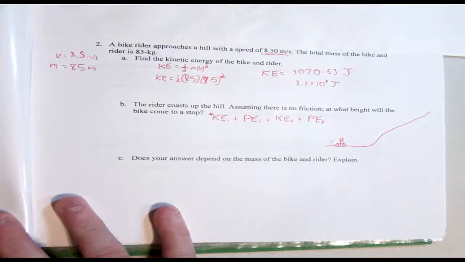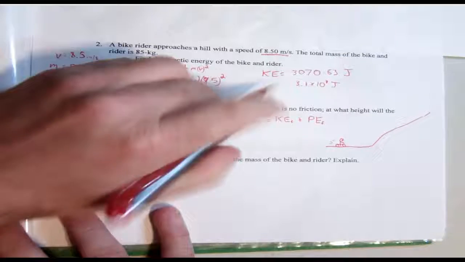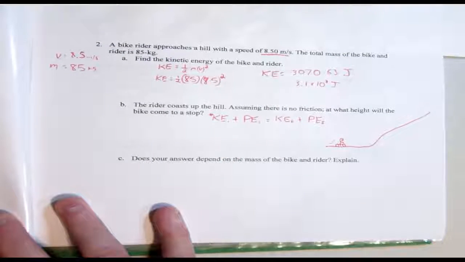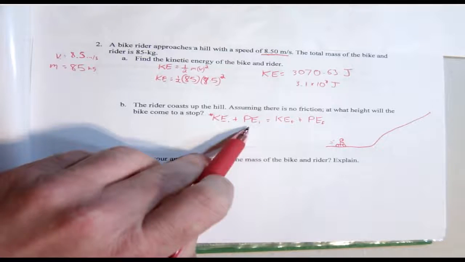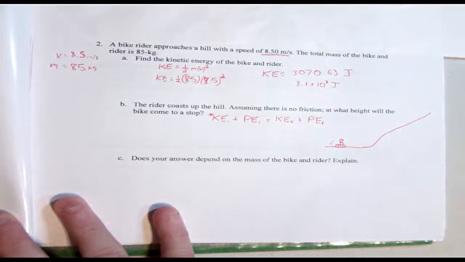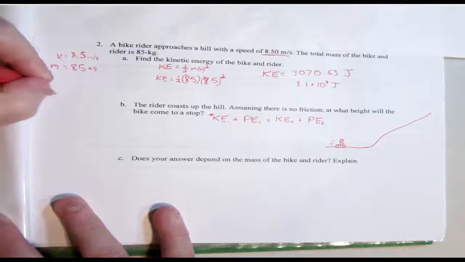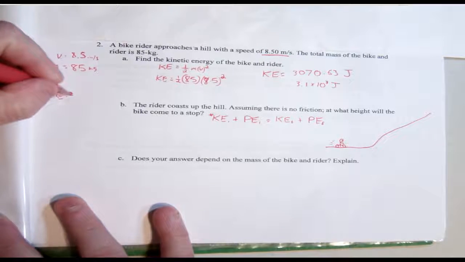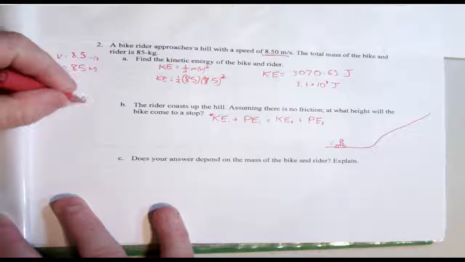So normally we're used to saying initial kinetic energy is 0. Well, we proved that it isn't 0. He has kinetic energy, right? But what he doesn't have is potential energy. Because remember, our formula for potential energy, let's write that off to the side, equals mass times gravity times height.